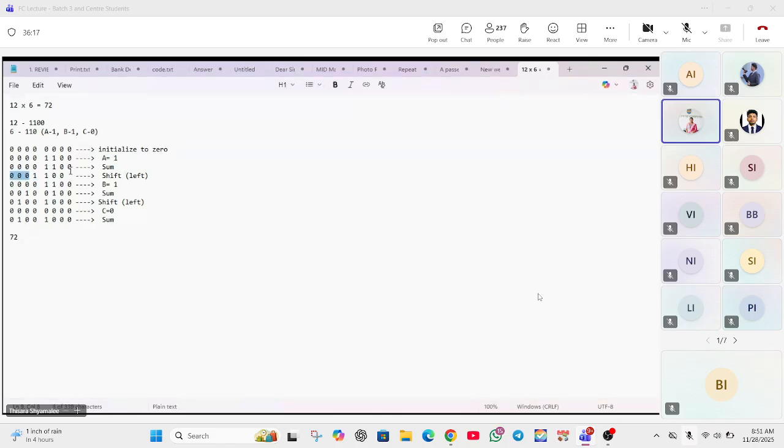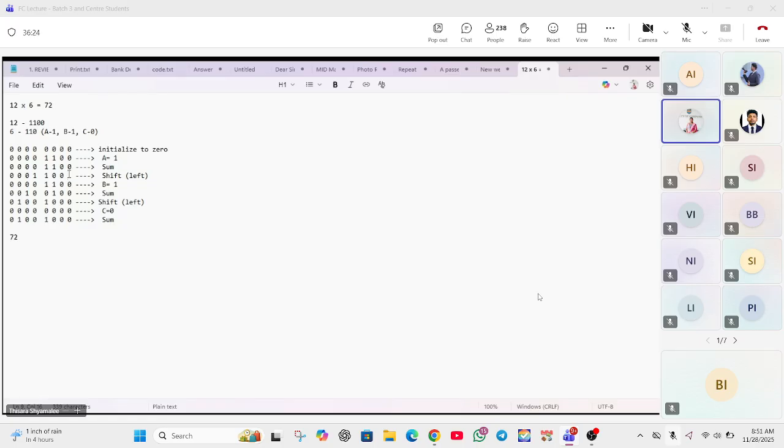Now you can see there's a blank here. You can keep it as it is, or else it's better to put a 0 here. So that is left shifting.